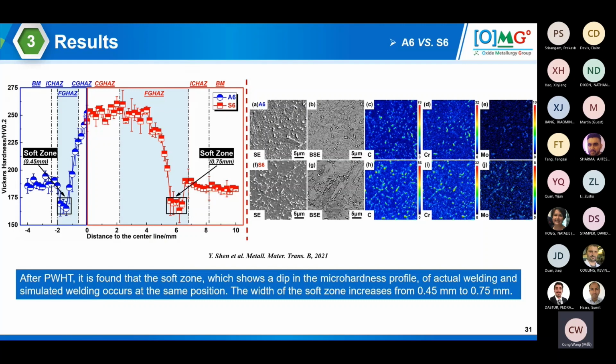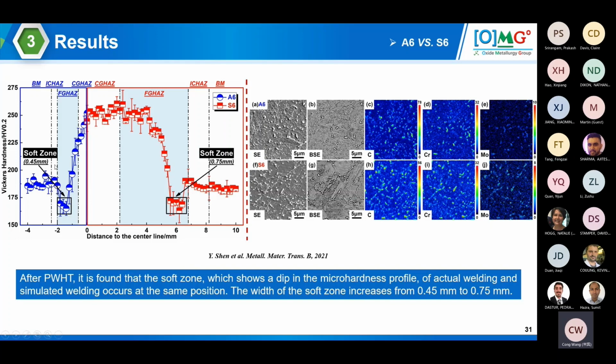We go further. After this simulated welding, we want to apply post-weld heat treatment to see how it will alter the properties.